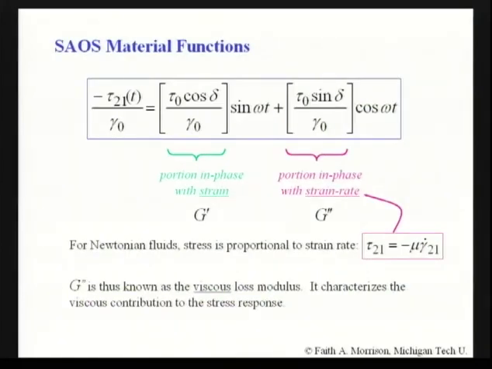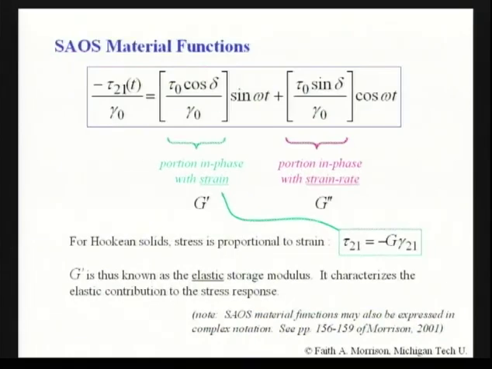The portion in phase with the strain is acting like an elastic solid. It's the elastic response of the material. And the portion in phase with the rate is like the viscous response. Viscosity is proportional to rate of deformation, and stress is proportional to strain for an elastic solid.